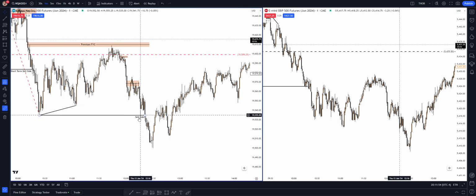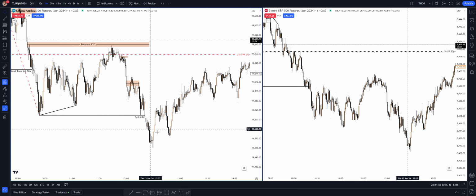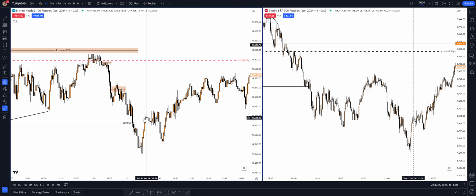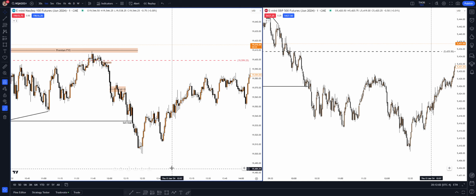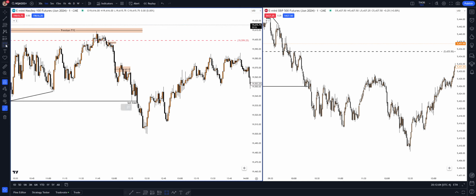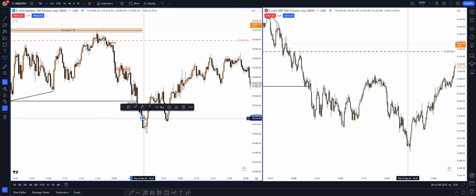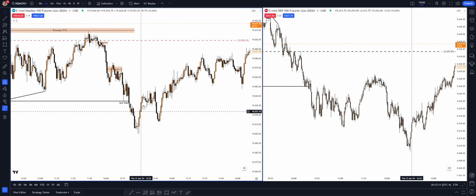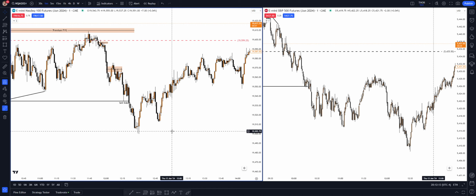So there is a potential that the market is reversing here and getting into a buy model because it's a V shape, and it formed a trap here as well. This is a trap fair value gap, and the accumulation here is a trap V shape, fair value gaps, displacement.